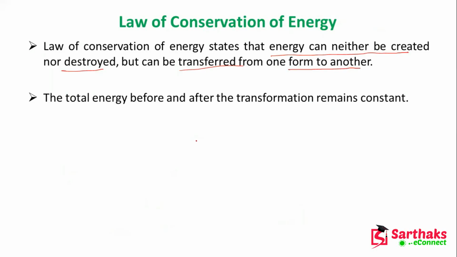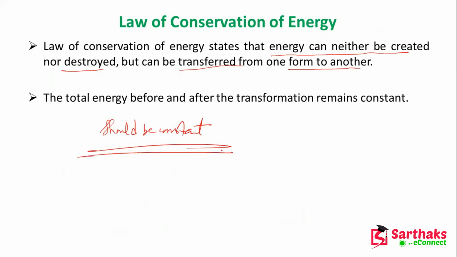The total energy before and after transmission should be constant. So what we have studied in the law of energy conservation is that energy can neither be created nor destroyed. Only it can transfer from one form to another form.